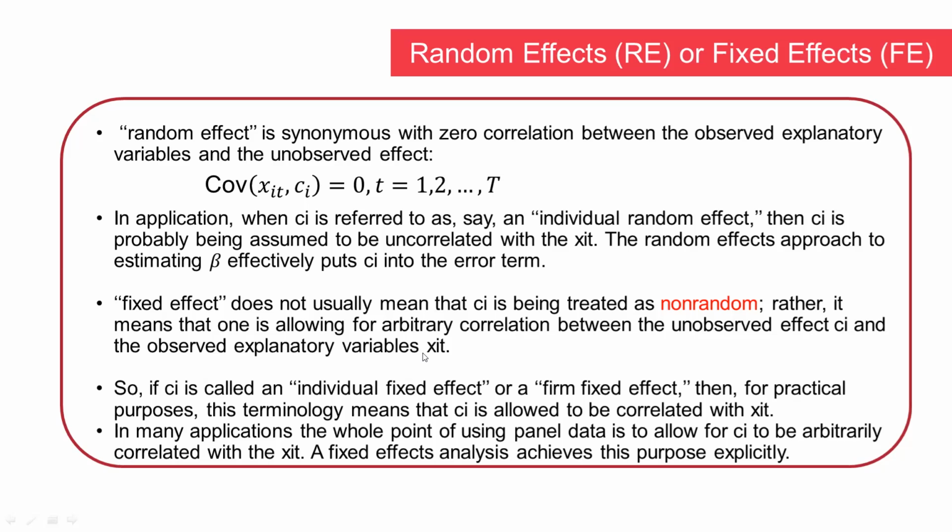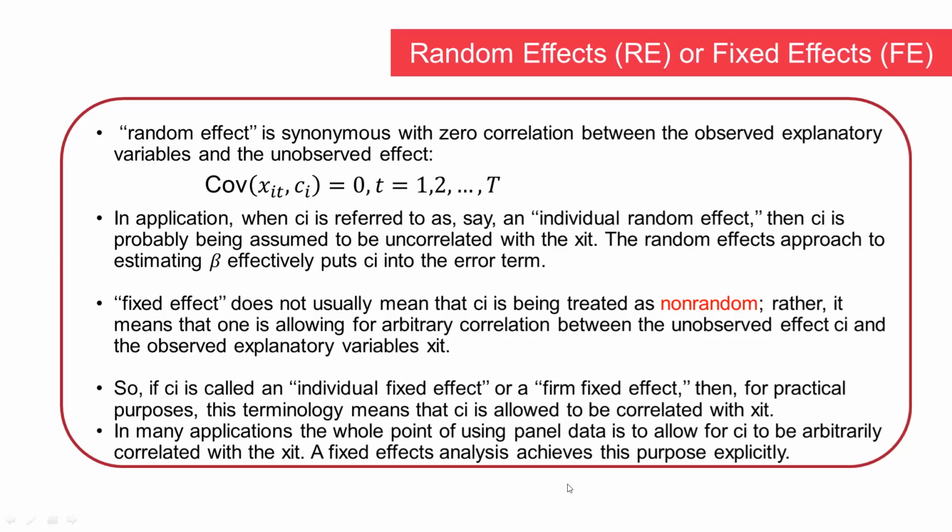You can see that these two may be related. So we can't assume that there is no relationship between the observed explanatory variable and the unobserved effect. If it is called an individual effect or a firm effect, then for practical purposes, this terminology means that CI is allowed to be correlated with X, right?